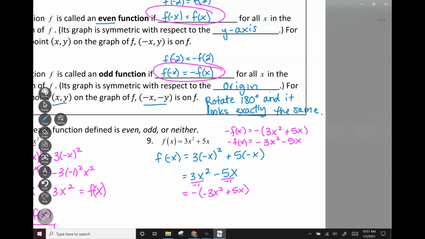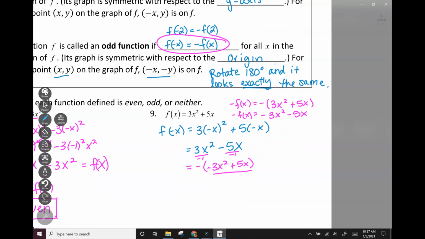So just factored a negative 1 out. That means that this would need to be f of x for it to be odd, because it would be negative f of x. But what's in parentheses is not f of x because of the negative in front of the 3. So this is neither. It's neither even nor odd.